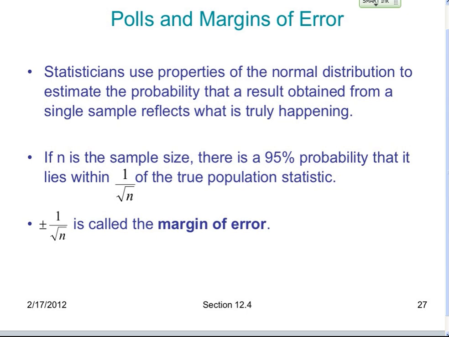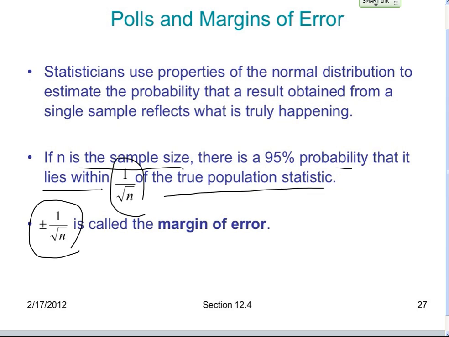Margins of error, we're going to talk about the formula for margin of error. Formula is plus or minus 1 divided by the square root of n. N is the sample size. And there's a 95% probability that it's going to lie within 1 over the square root of n of the true population statistic.